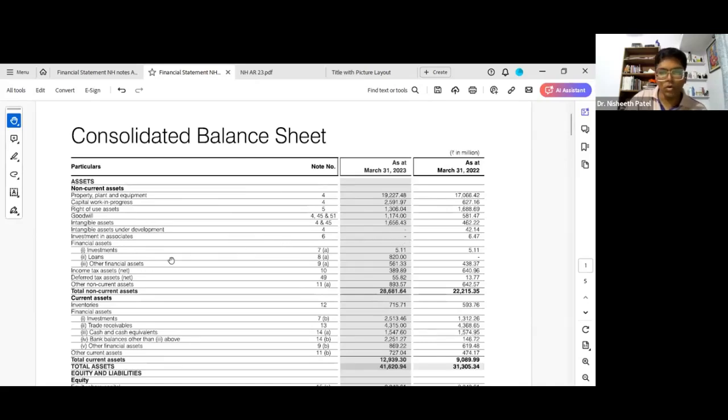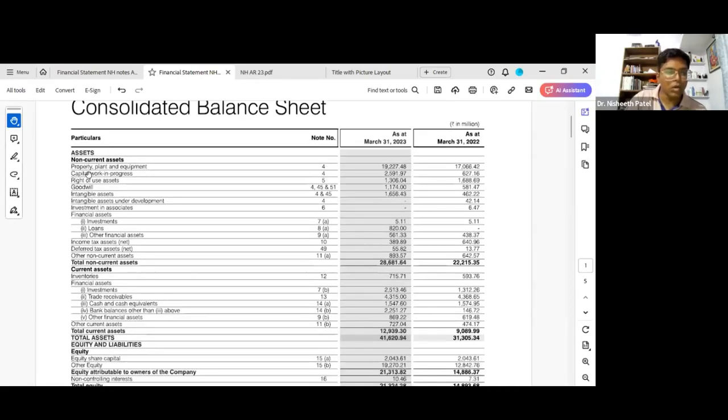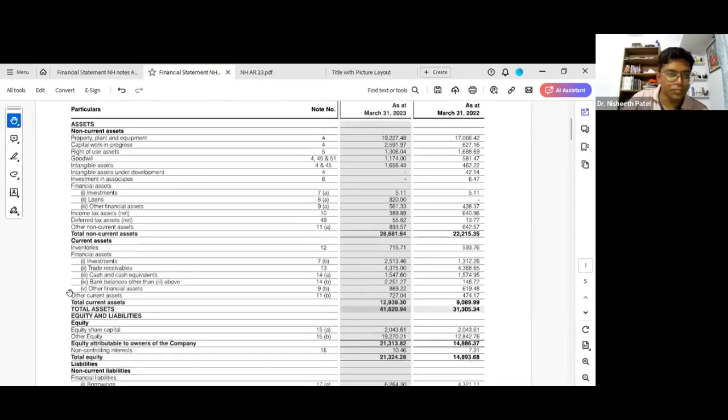They have given loans to some people of 820 million. Other financial assets, income tax asset. So these are all the non-current assets. The total non-current asset is 28,681 million rupees.